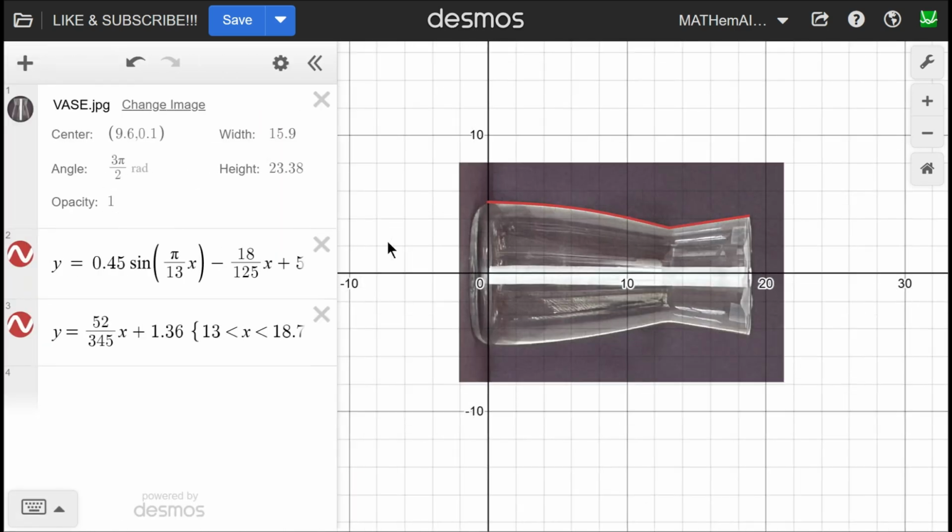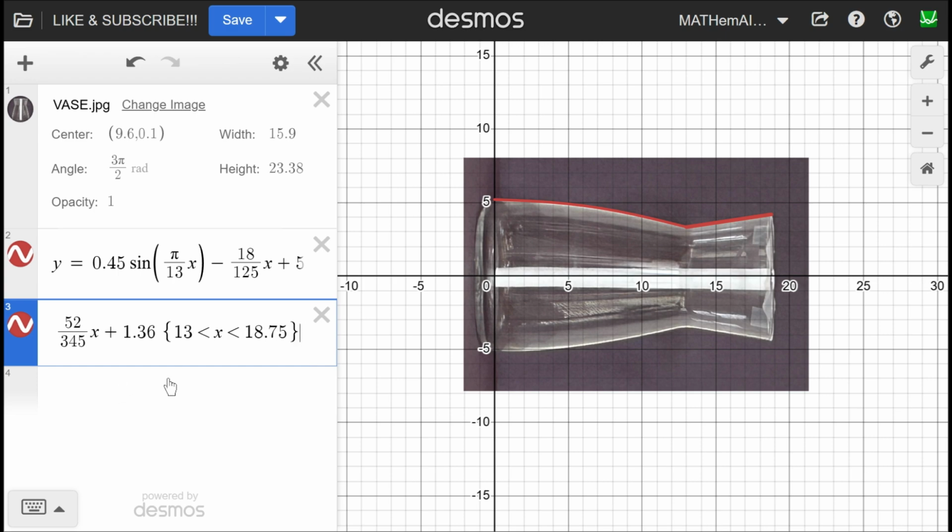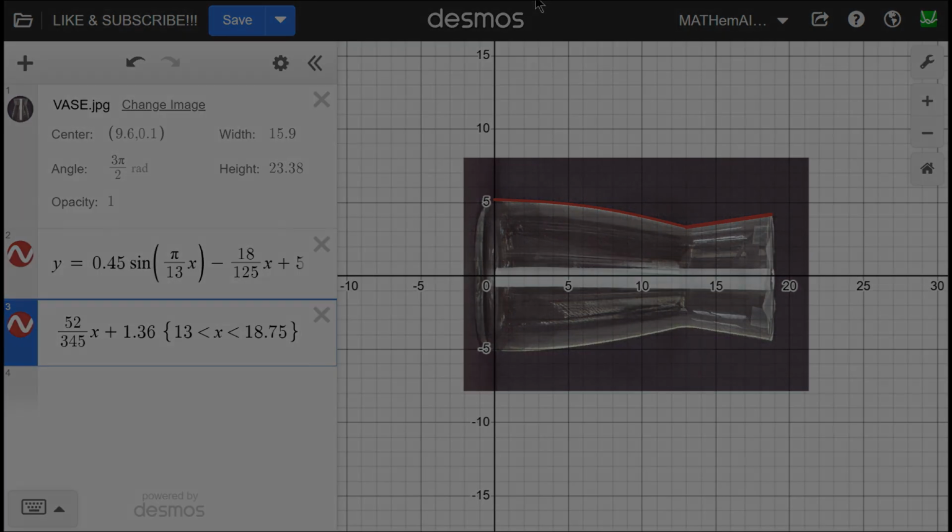For the first half, I got y equals 0.45 times sine of pi over 13x minus 18 over 125x plus 5.2, where 0 is less than x, which is less than 13. Then, for the second half, I got y equals 52 over 345x plus 1.36, where 13 is less than x, which is less than 18.75.